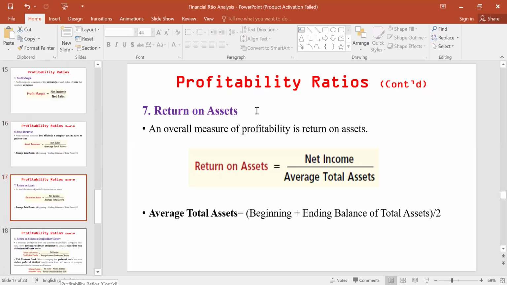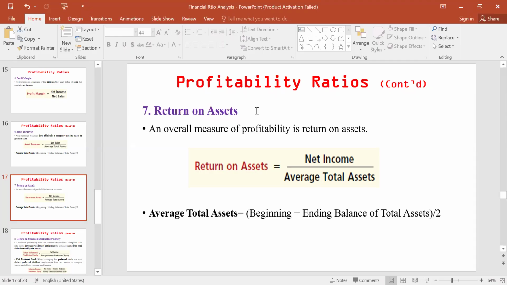Another is return on assets, ROA, an overall measure of profitability. How much return you are able to get from your investment or from your assets is disclosed by this analysis. The simple formula: return on assets is net income divided by average total assets.